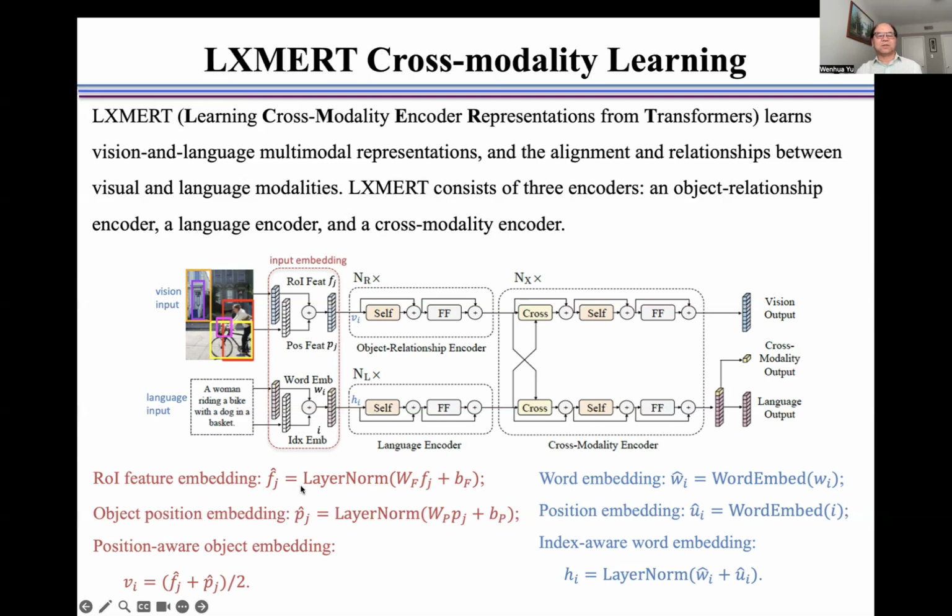And then we use F_G and P_G to get F-hat_G and P-hat_G, and then we get the input to the object relationship encoder. Similarly, we use W_I and I to get W-hat_I and U-hat_I to calculate the input to the language encoder.